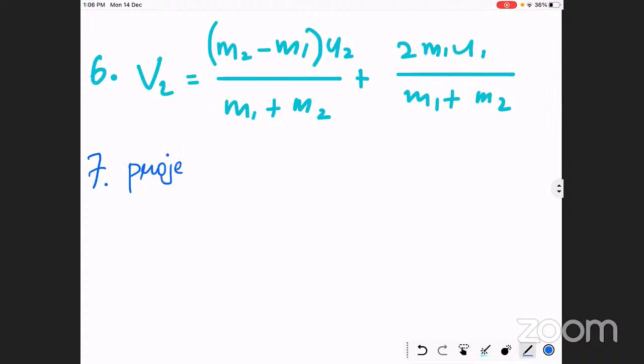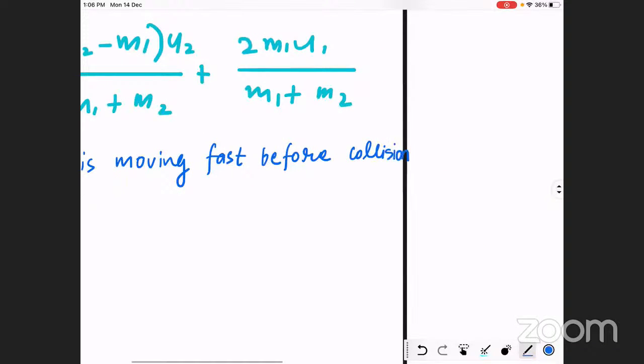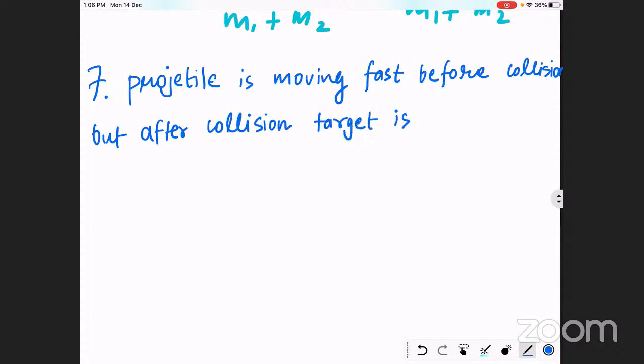Projectile is moving fast before collision. Do you agree with this? Yes, sir. Before collision, it is moving fast, but after collision, who is moving fast? Target. Target is moving fast.